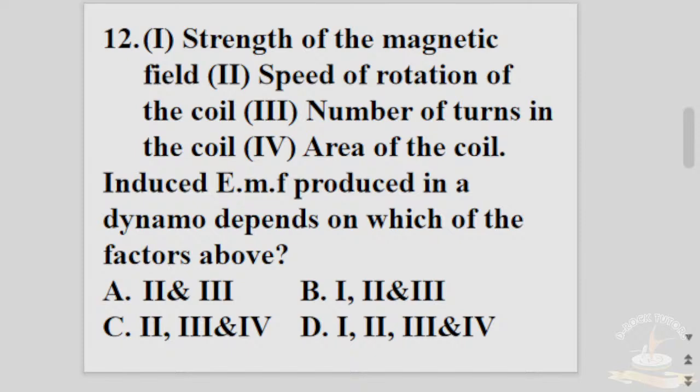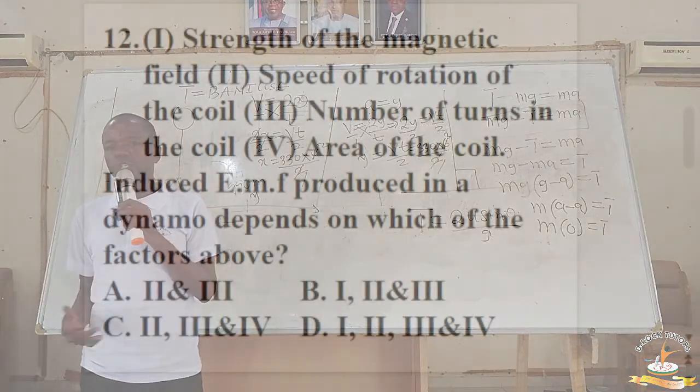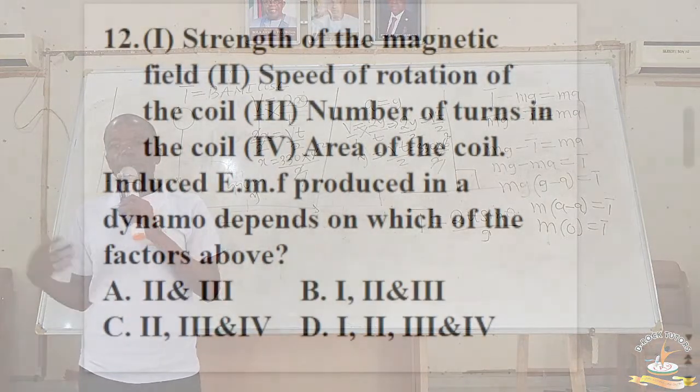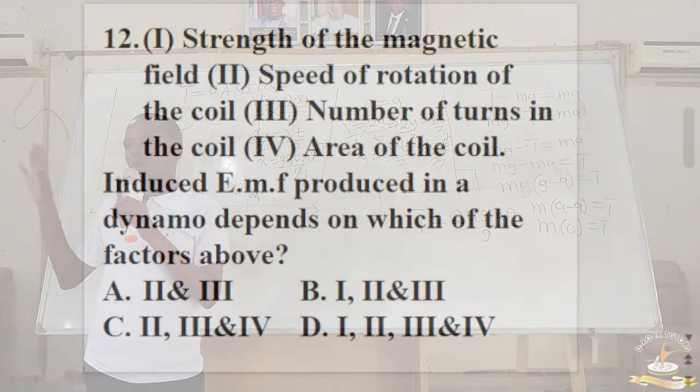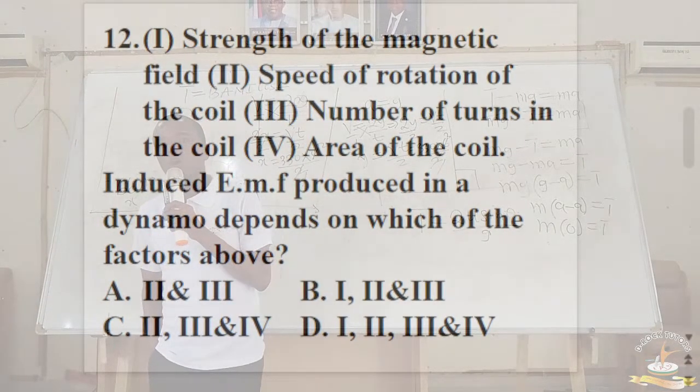The faster it rotates, the higher the induced EMF. And last but not the least, it depends on the number of turns. The higher the number of turns in that particular coil, the higher the induced EMF. So it depends on all of them. And if you take a look at the board, you will see the correct answer here would be option D.